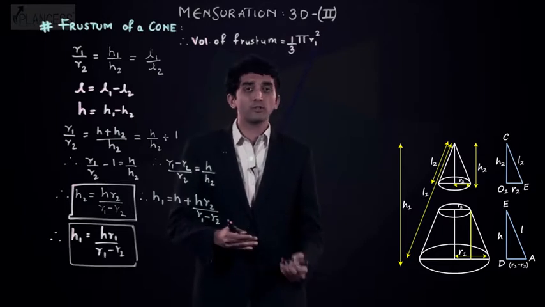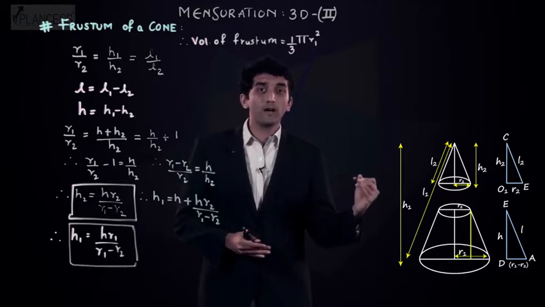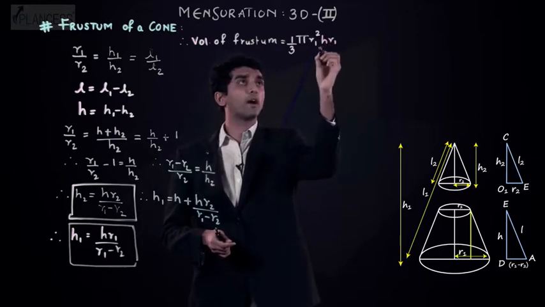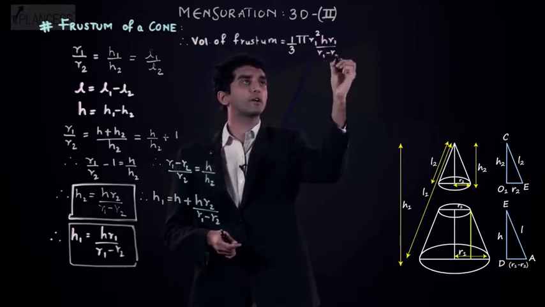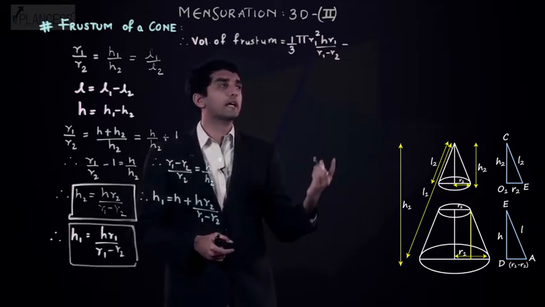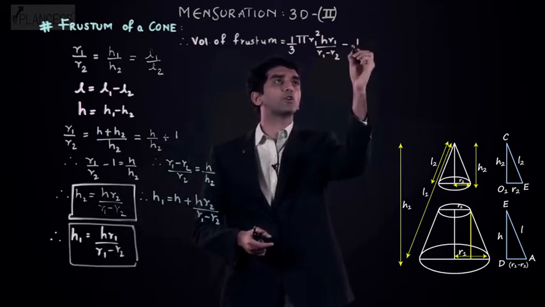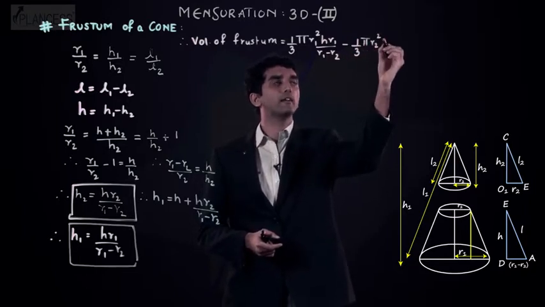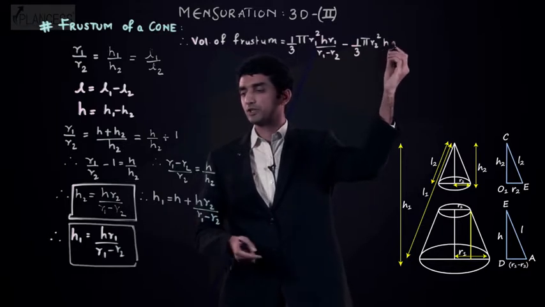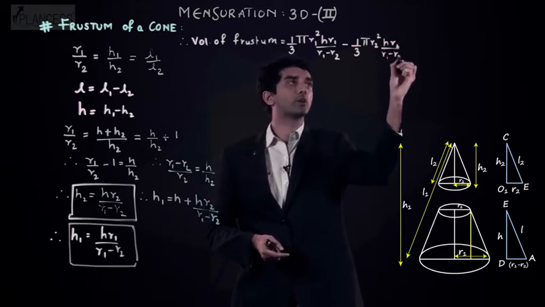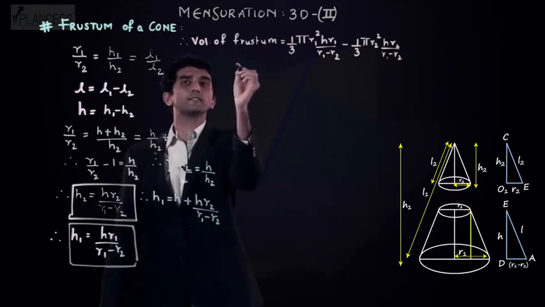So for the larger cone, it's 1 by 3 pi r1 square h1, so it is going to be h r1 upon r1 minus r2, minus the volume of the smaller cone, and the smaller cone has the volume of 1 by 3 pi r2 square h2, and h2 is nothing but hr2 upon r1 minus r2. Now let's start simplifying this.